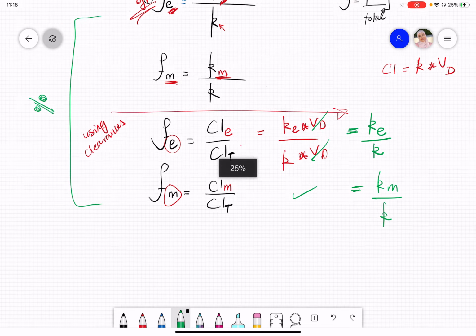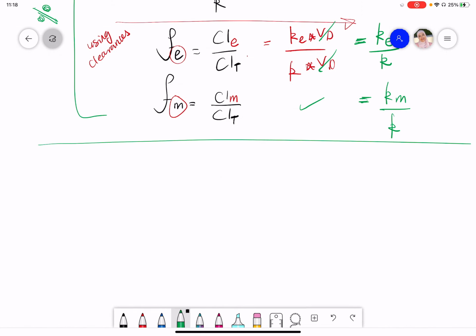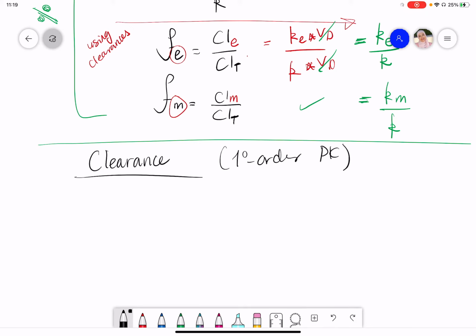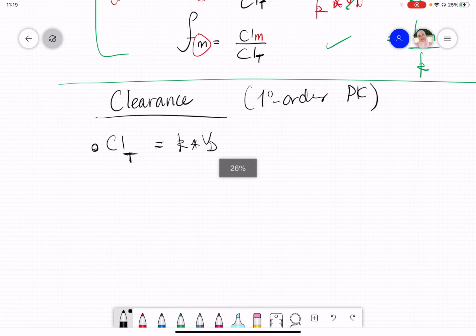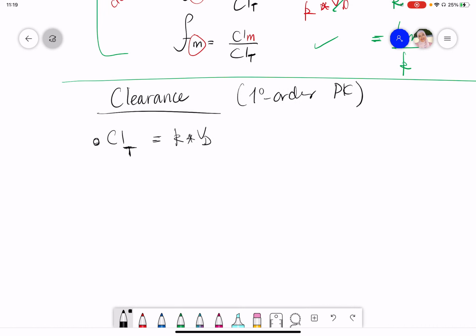So according to whatever we just mentioned, under first order kinetics, we can have clearance using one way, which is K multiplied by Vd, or each one of them using the right rate constant if we want the metabolism clearance or the excretion clearance, okay?